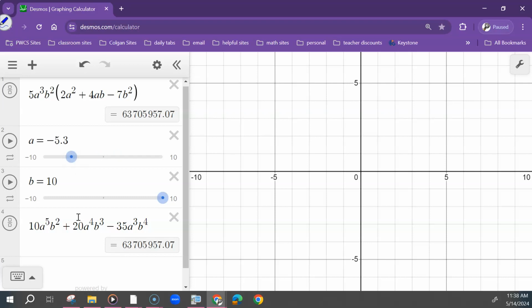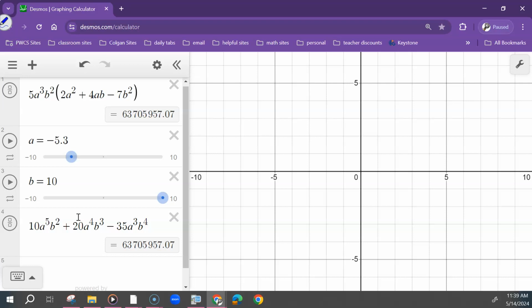Use positive numbers just in case you have odd exponents, because then you might end up with a negative instead of a positive somewhere. But in this case, it's simple. It also depends on what you're doing.